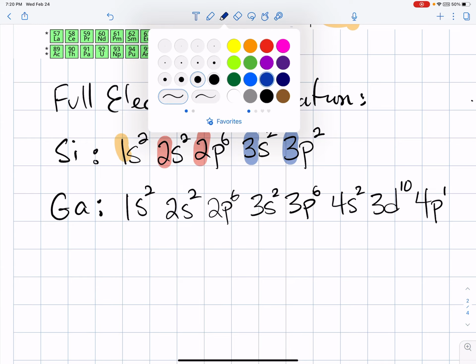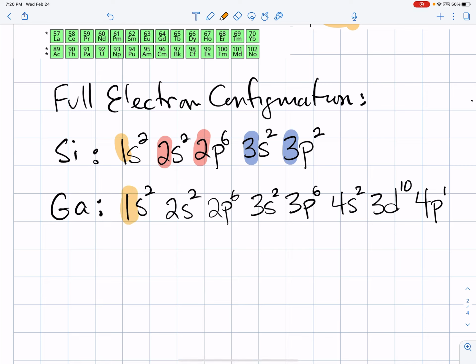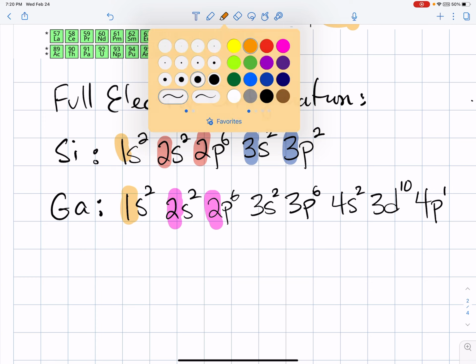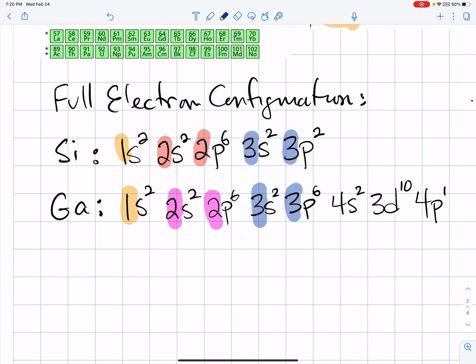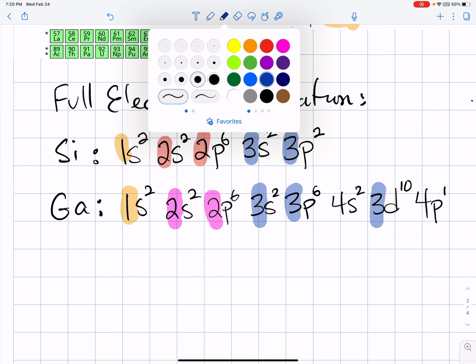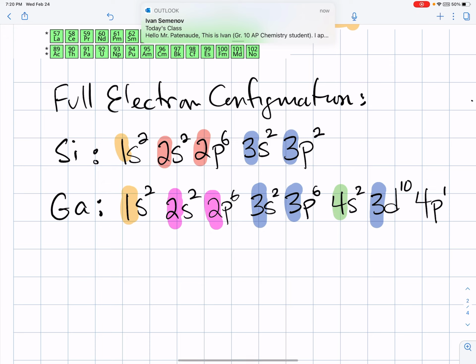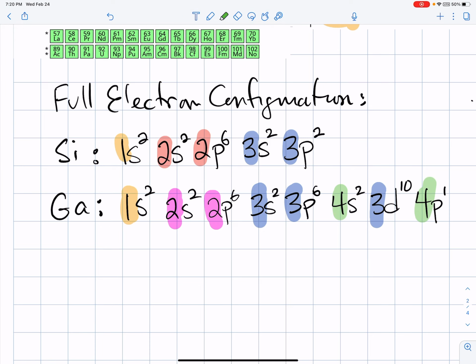If we do the same thing for gallium, we have energy level 1, energy level 2, and then energy level 3. Now notice, if we're careful here, there's energy level 3 here, but there's also energy level 3 over there. And then we have energy level 4, which is here.